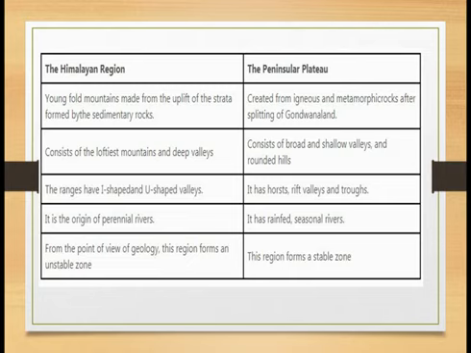The range has I-shaped and U-shaped valleys. It also has rift valleys and troughs. Then the rivers are perennial for the Himalaya and non-perennial for the peninsula. So by this you can make a contrast or comparison between the Himalayan region and the peninsular plateau.